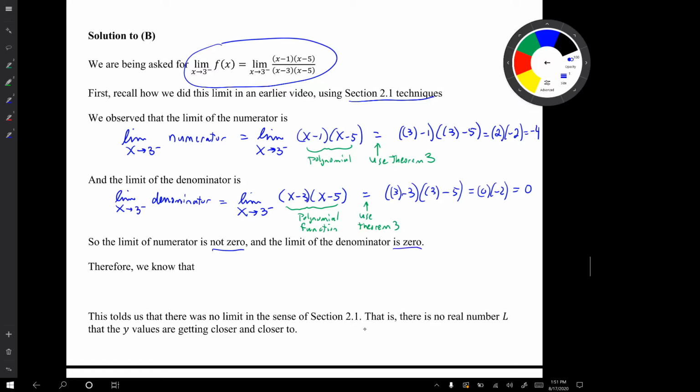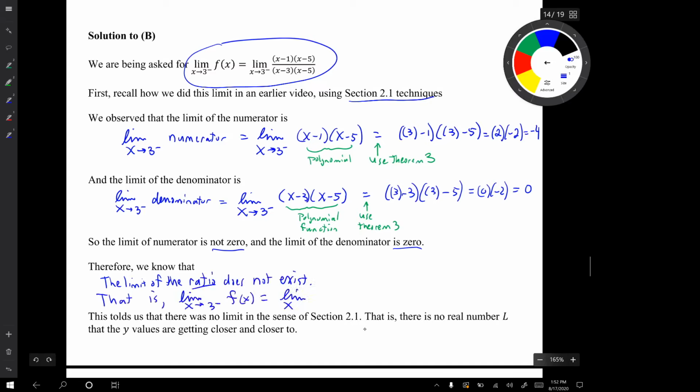The limit of the ratio does not exist, using theorem 4. So the limit of f of x as x approaches 3 from the left in section 2.1 techniques does not exist. And that told us that there was no limit in the sense of section 2.1. That is, there is no real number L that the y values are getting closer and closer to.